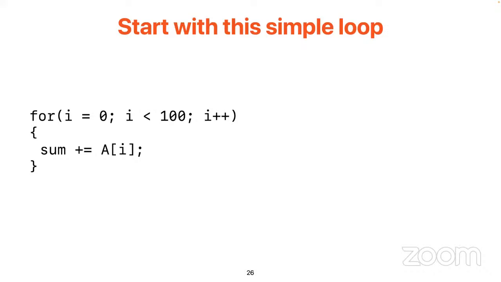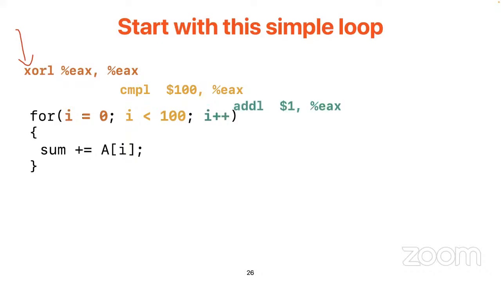In x86, how are we going to deal with it? First of all, we want to initialize i equal to 0. So we must have some instructions like XOR, or even a simple load store instruction, that initializes EAX to 0, right? And then we want to compare if i is smaller than 100, so we have CMP, right? And I want to increment the loop index, so I have the add instruction. And I want to do sum plus equal to a[i], right?